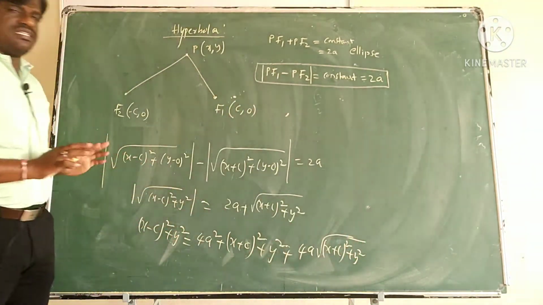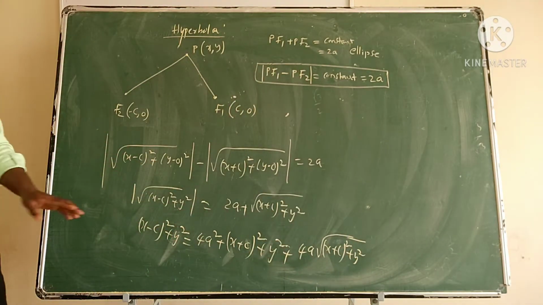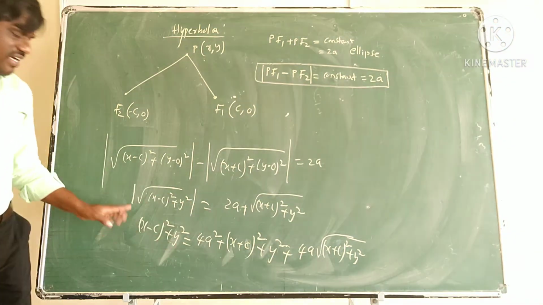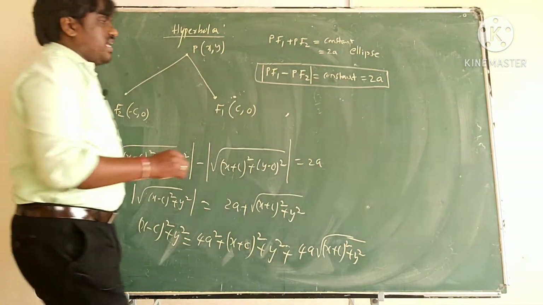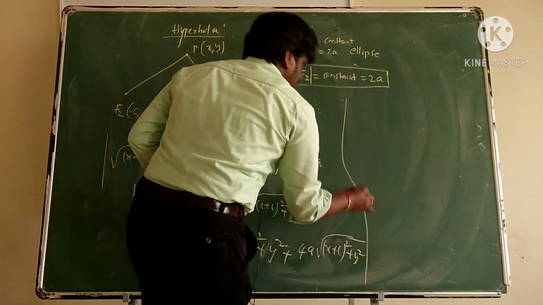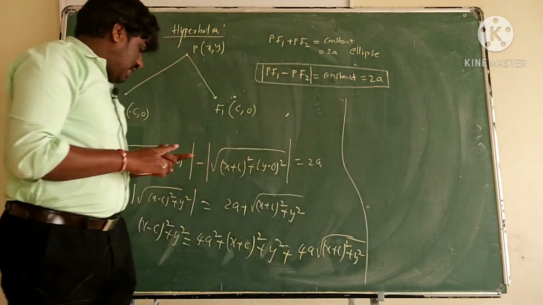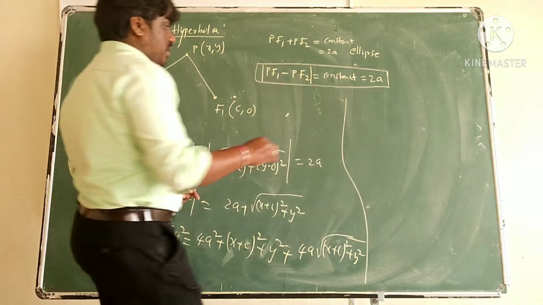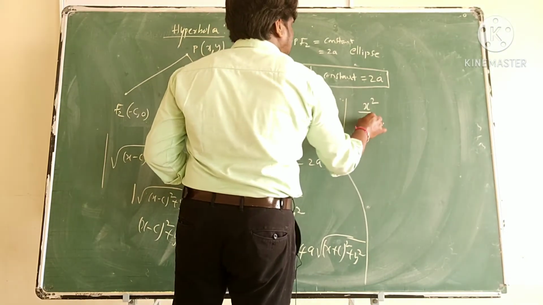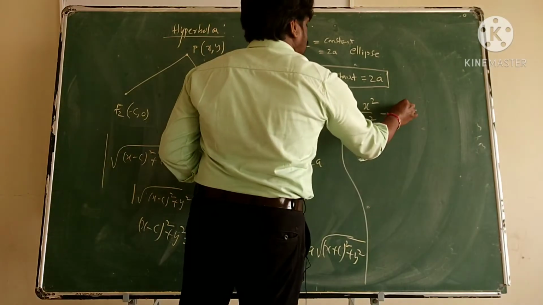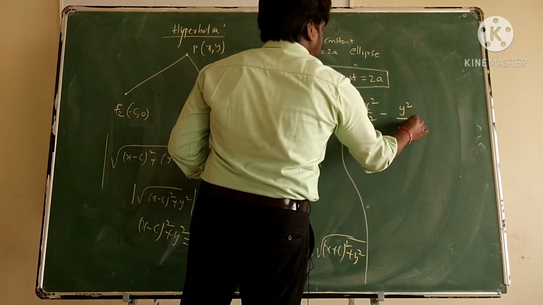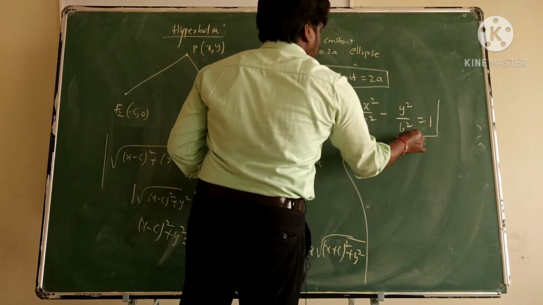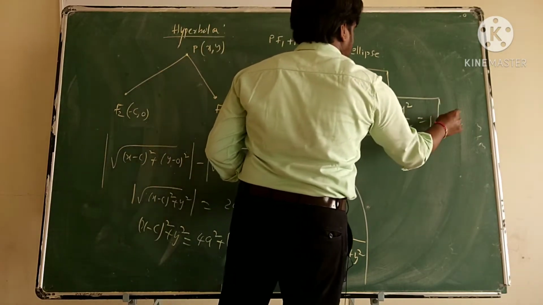If you simplify this, nobody will ask you the proof. If you send this side, if you simplify all these things, you will get a form like this: x square by a square minus y square by b square is equal to 1. This format you get.